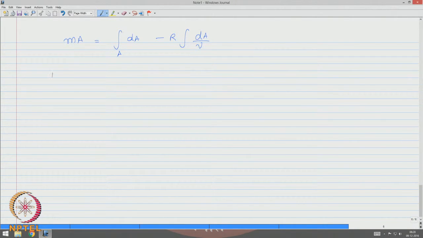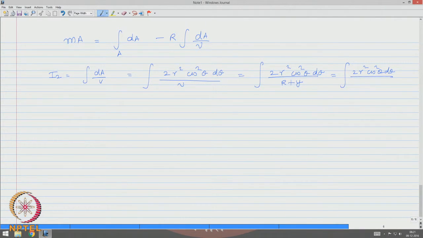Let us pick up this integral dA by v. Let us do this. dA already we said it is 2 r square cos square theta d theta by v. v is R plus y, which is 2 r square cos square theta d theta by R plus r sin theta.